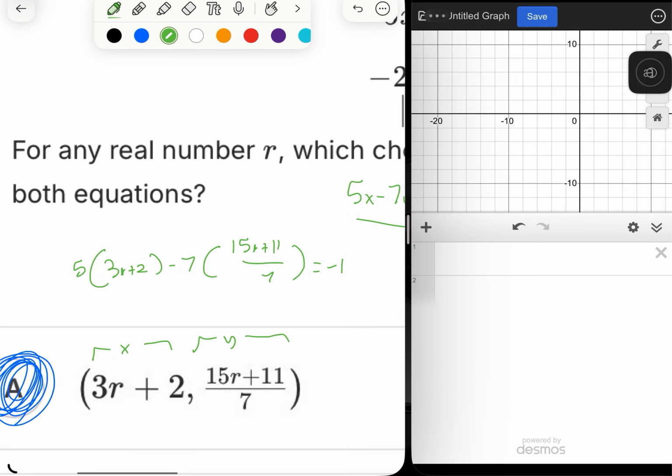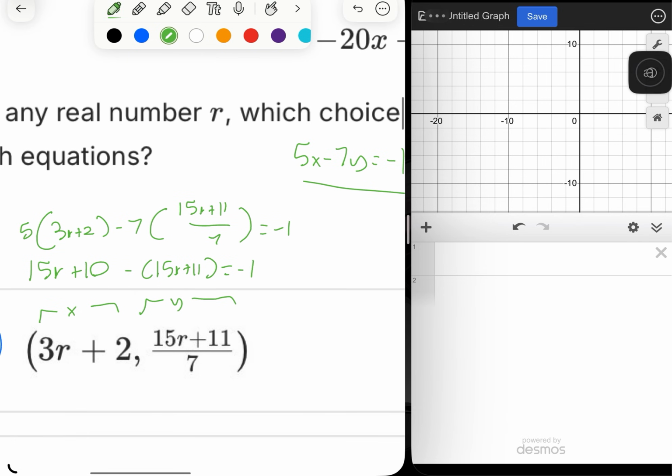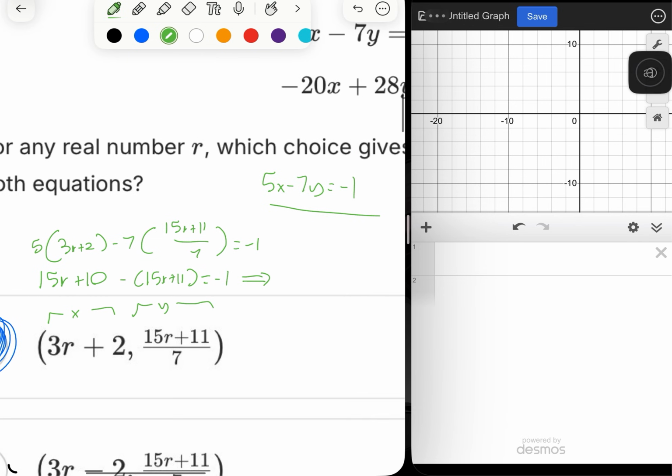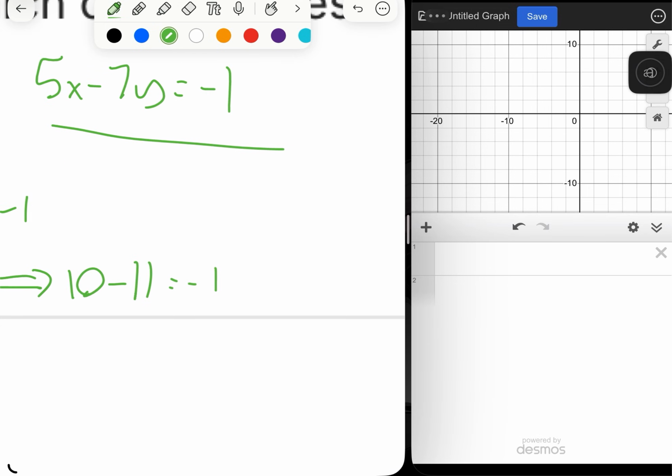If you simplify, you get 15r plus 10 minus 15r plus 11 equals negative 1. The 15r's cancel out, so you're left with 10 minus 11 equals negative 1. Well, guess what? That is true. 10 minus 11 is negative 1, so negative 1 equals negative 1. And therefore, our equation holds.